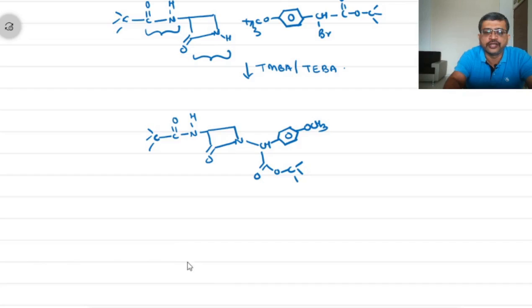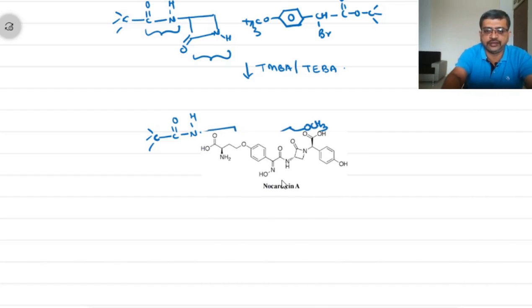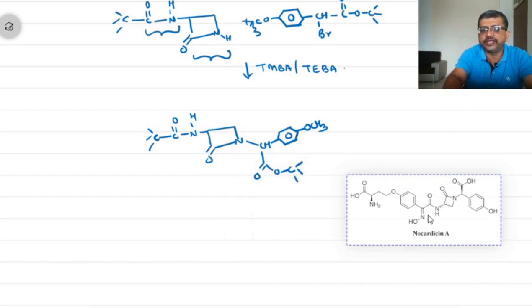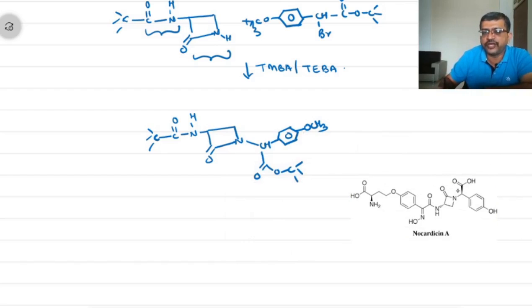This product is a part of the synthesis of one of the medicinally useful compounds called nocardicin A. So this nocardicin A also has this beta lactam ring, which is alkylated over here. So this part we are getting here, and this side part is attached to here. Further modifications in the reaction will proceed to synthesis of nocardicin.